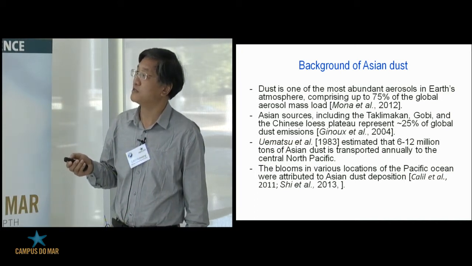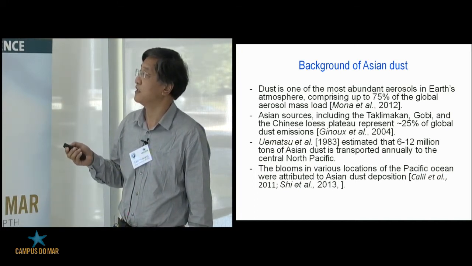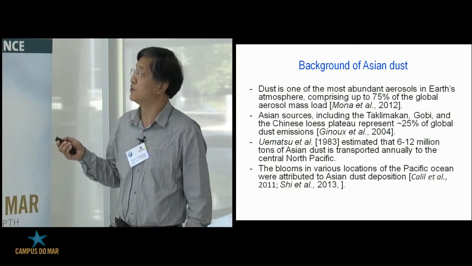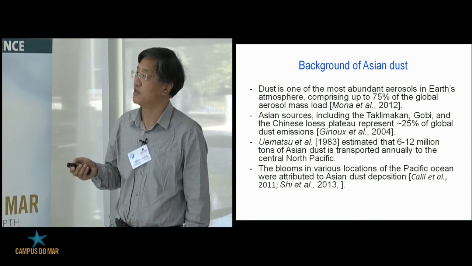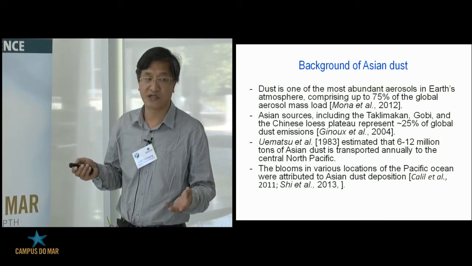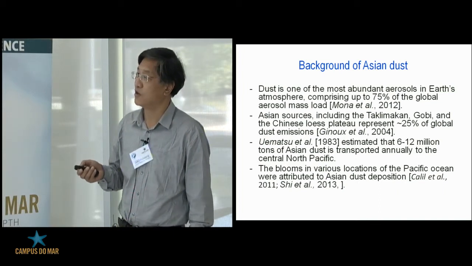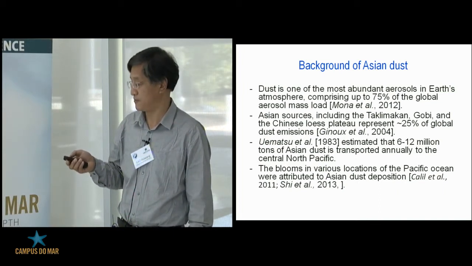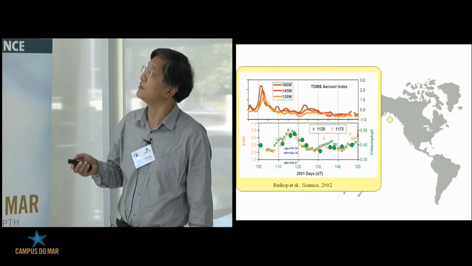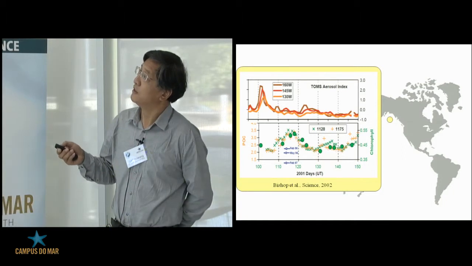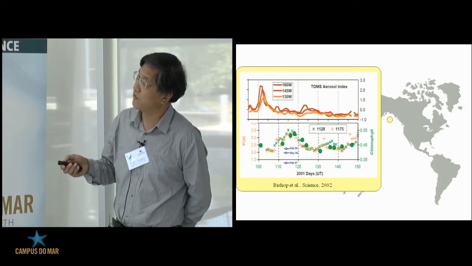Japanese scientists estimated that 6 to 12 million tons of Asian dust is transported annually to the central North Pacific. And in recent years, we find that blooms in various locations of the Pacific Ocean were attributed to Asian dust depositions. This is an example here in the Pacific Ocean, in 2001.